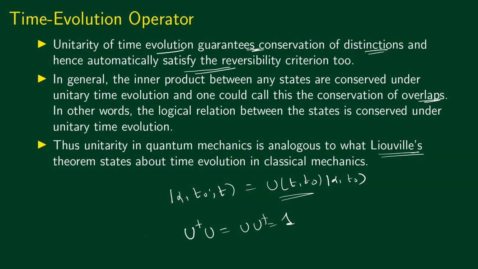Actually, to be precise, we have not proved this part, but I think we'll be doing that later. What we have seen is that U dagger U has to be equal to 1. We can try to prove that if U dagger U equals 1, then U U dagger also has to be equal to 1. Maybe we'll be able to do that later. So the basic idea is that the time evolution operator has to be a unitary operator if we need conservation of information.